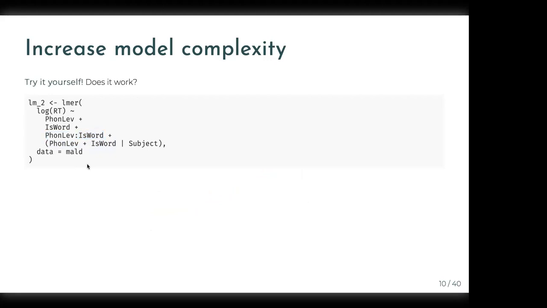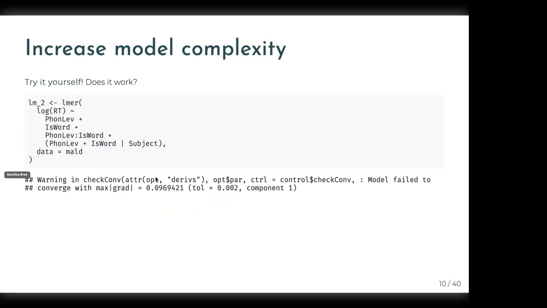But if you go ahead and try it yourself and run the code in the day one R Markdown file, you will very likely see that you get a warning of non-convergence. It will say model failed to converge. When that happens, you should not in any way, in any case, interpret or use the summary of the model.